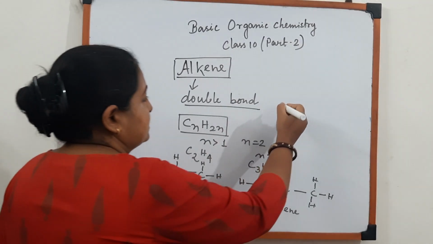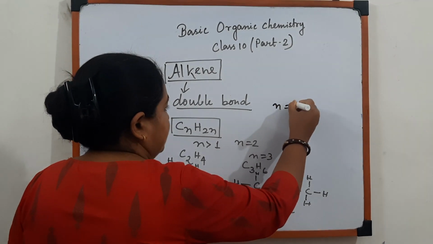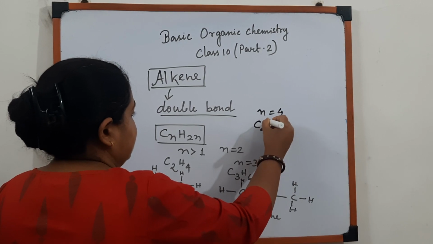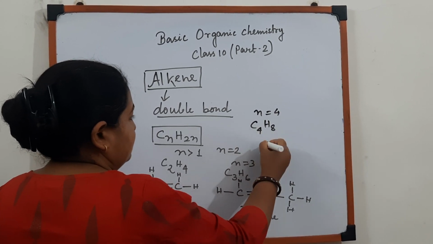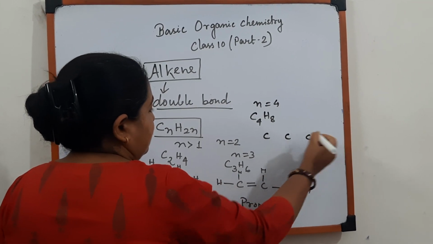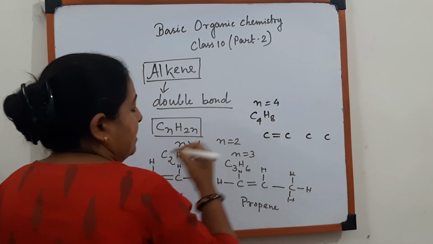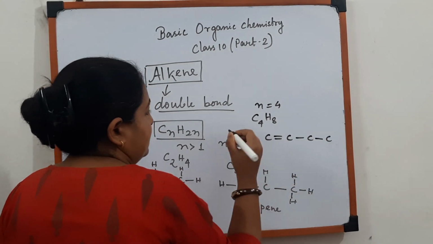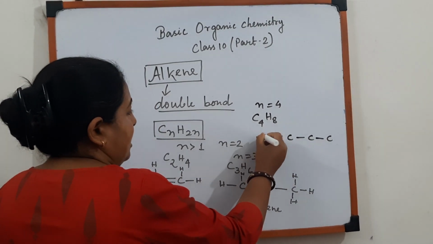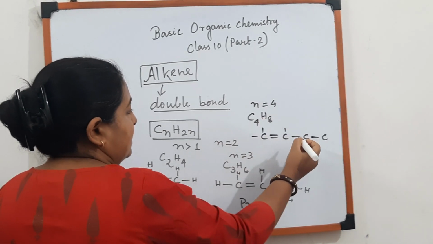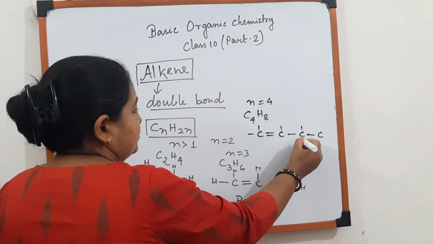What about the structure of n equal to 4? n equal to 4 means C4H8. Again put 4 carbons. 1 double bond is here, the others are single bonds. For this carbon, how many valencies are left? 2. And for this one, 1. For this, 1, 2.